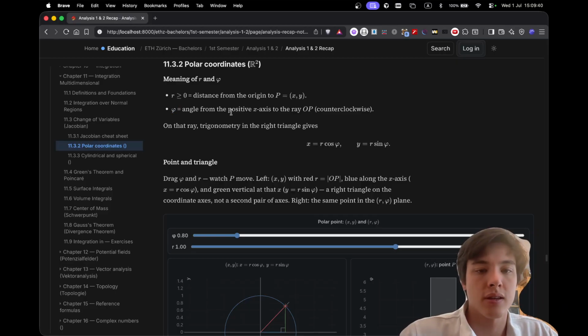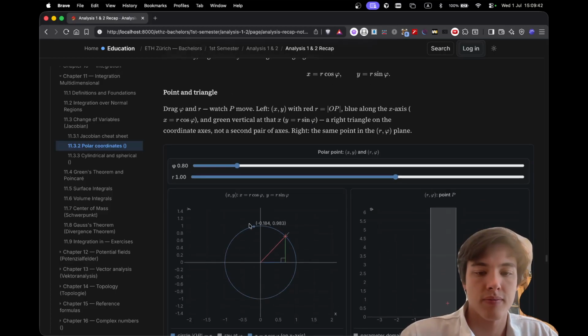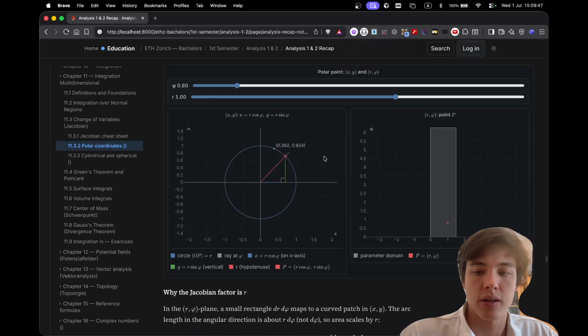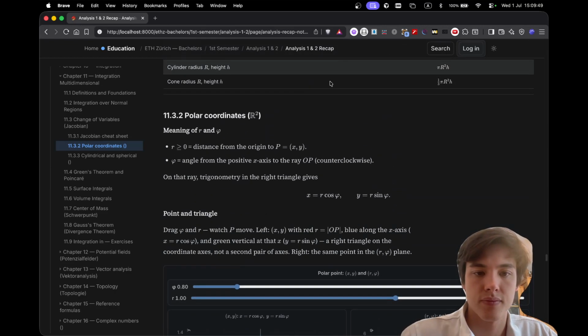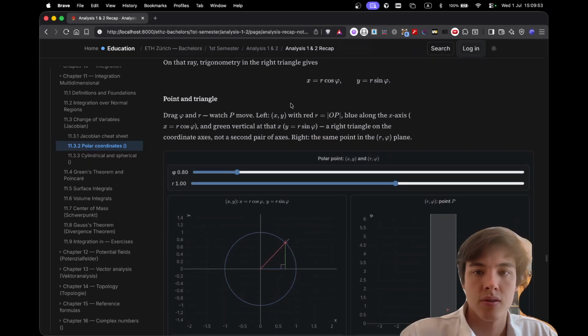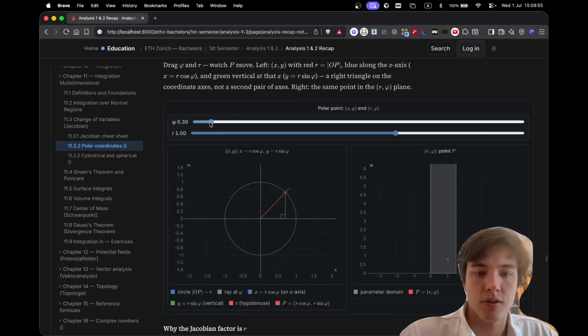Phi is an angle, and r is the distance away. So if we move here, we would see it moves by r. If r is closer, we do smaller circles.